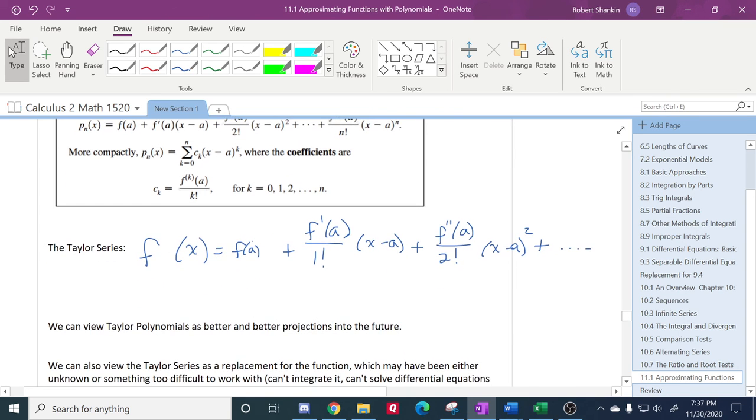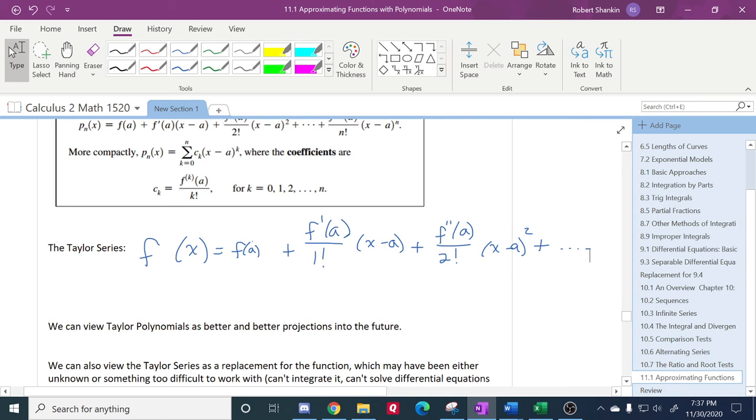Okay. And we can view Taylor polynomials as better and better approximations into the future. Remember when we first started this section, I said if it was linear, all we needed was the first part. But if it's concave upward, we'd get a better approximation with the second derivative. You can even go beyond that. If it's not exactly a parabola, then you would need the third derivative to get even better approximations.